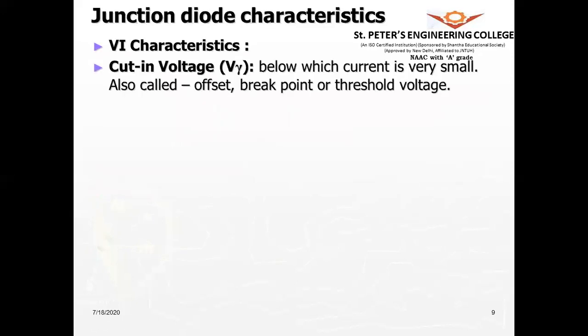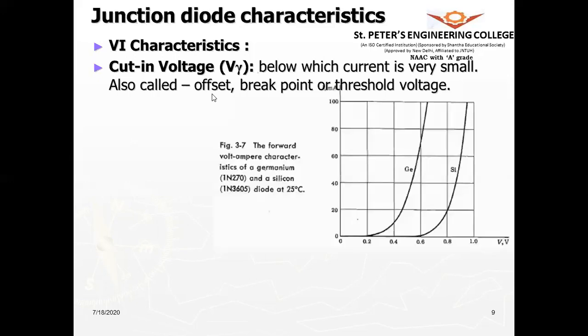Okay, so as I mentioned, the voltage at which the current starts increasing in the forward bias, we call that the cut-in voltage or the knee voltage or the offset voltage or the breakpoint. It is also called the threshold voltage. So there are different names for that. This is shown for the germanium and silicon diodes.